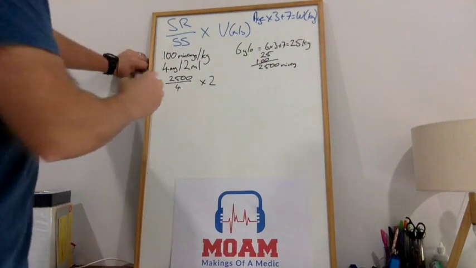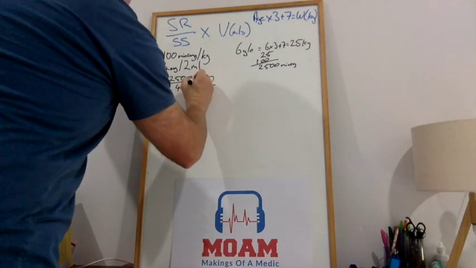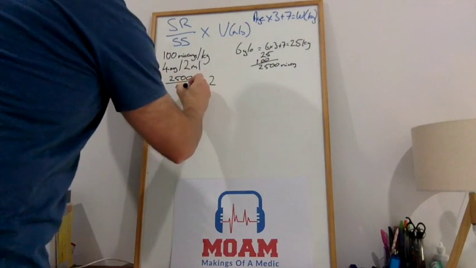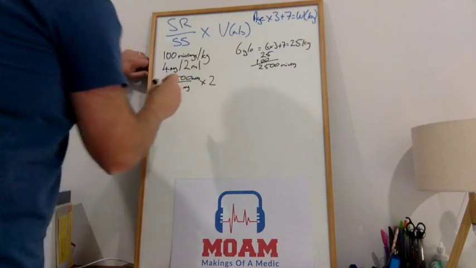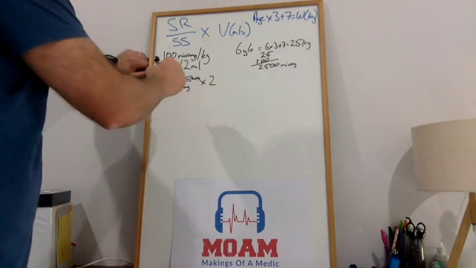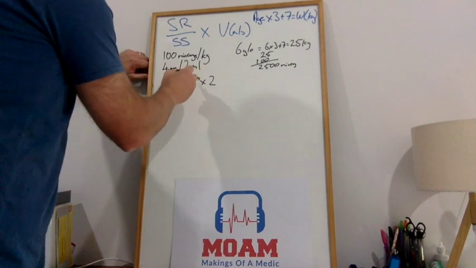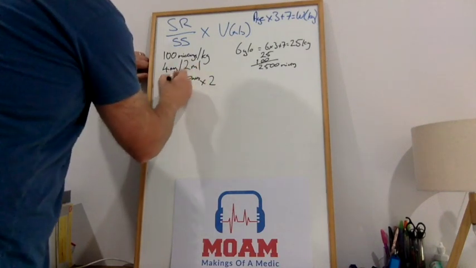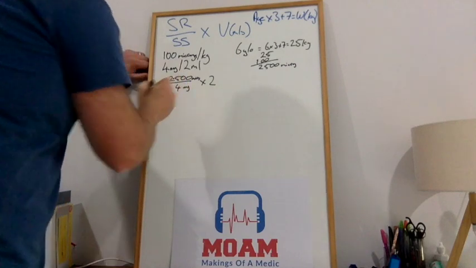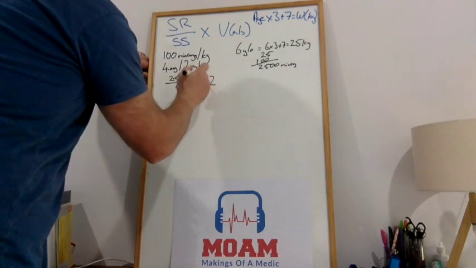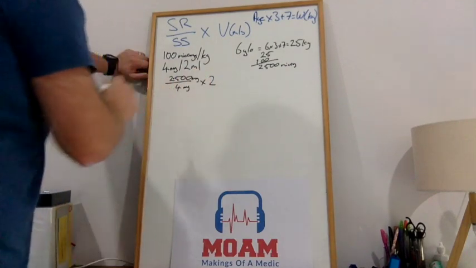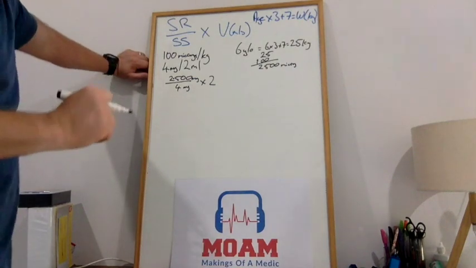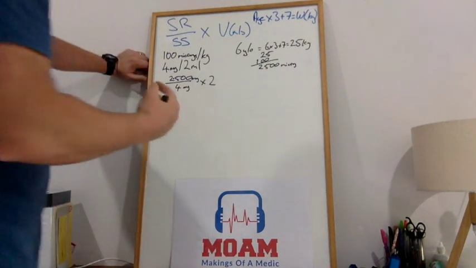Now the problem here is that 2,500 is in micrograms, and our stock strength is in milligrams. These have to be the same, so we need to change that. To get micrograms into milligrams, we simply divide by 1,000, which we can do by shifting the decimal place, so it'll be 2.5 milligrams.